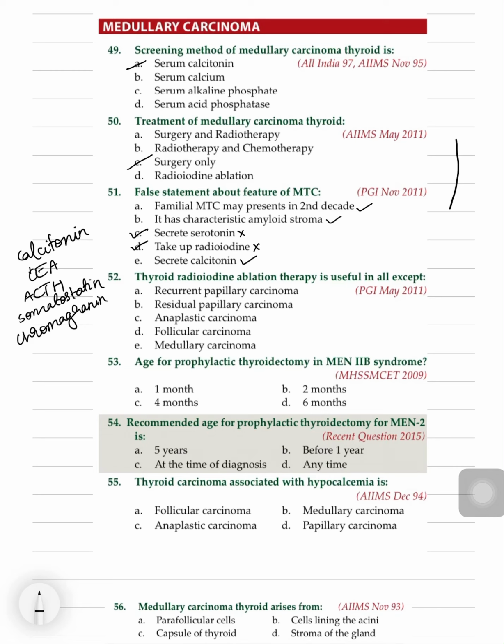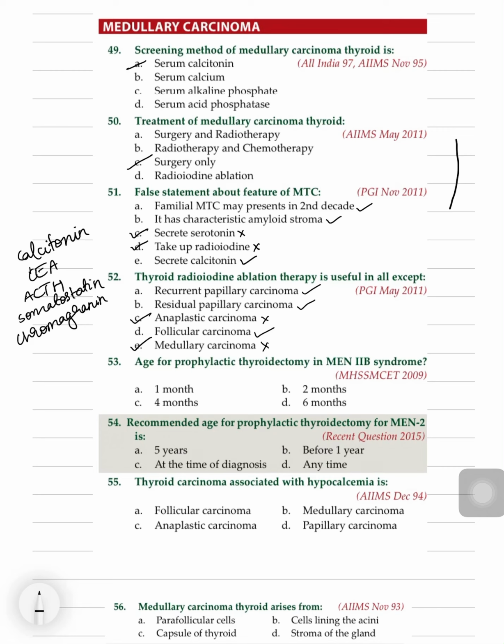Recurrent papillary carcinoma, yes. Residual papillary carcinoma, yes. Anaplastic, no. Follicular, yes. Medullary, no. So these two options are correct.